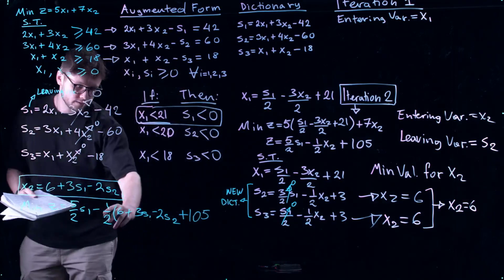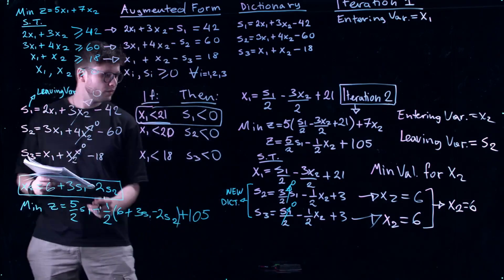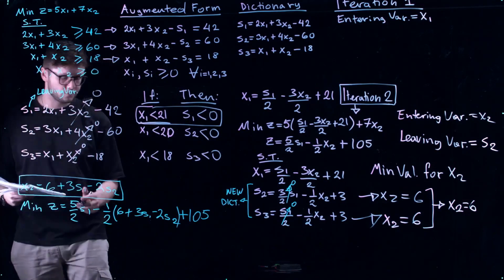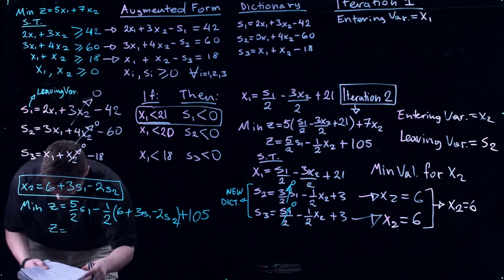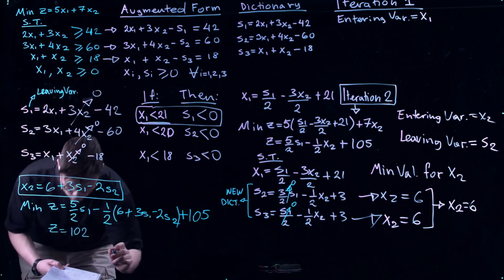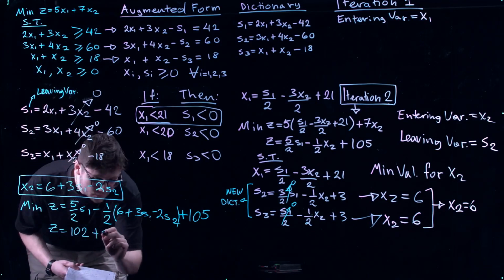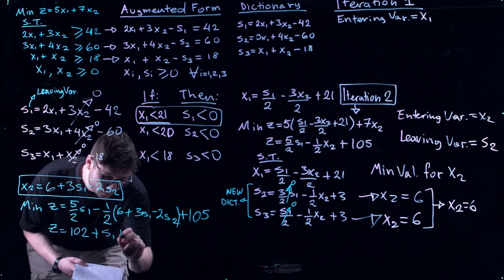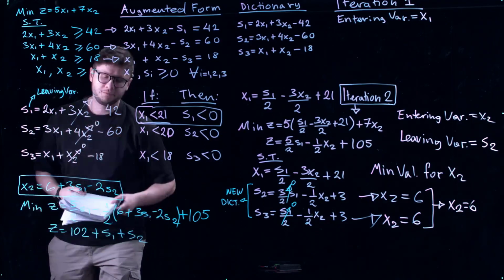If we multiply this 1/2 through for x2, we will get z equals 102 plus s1 plus s2. So we've reached optimality.